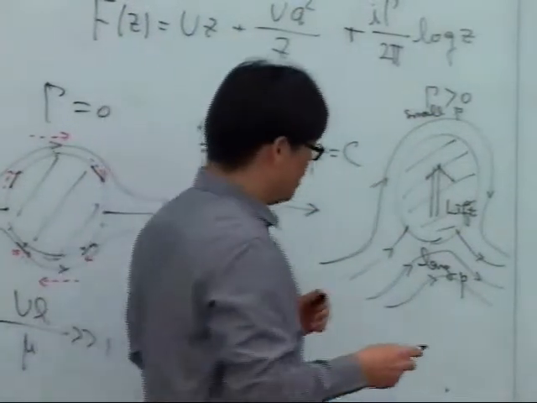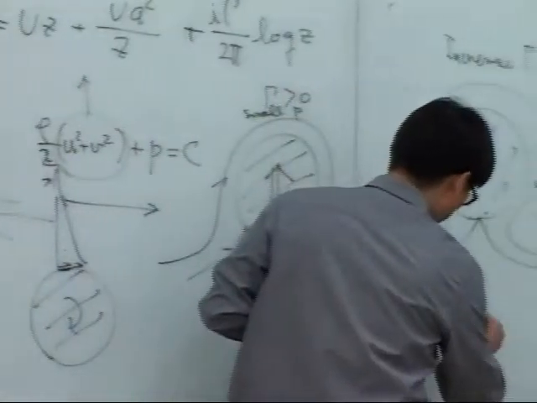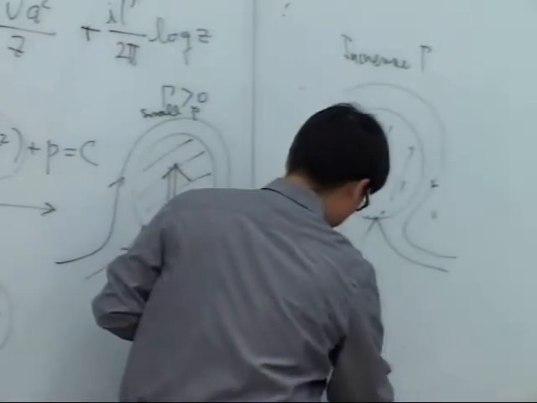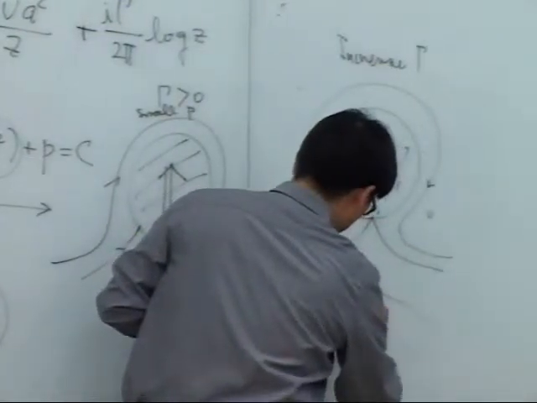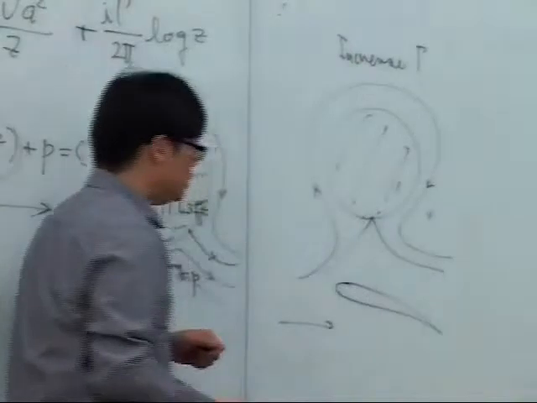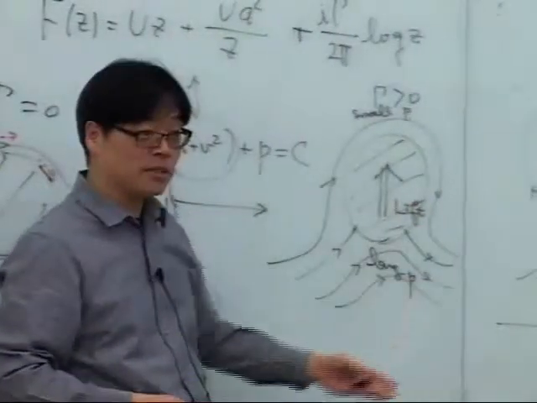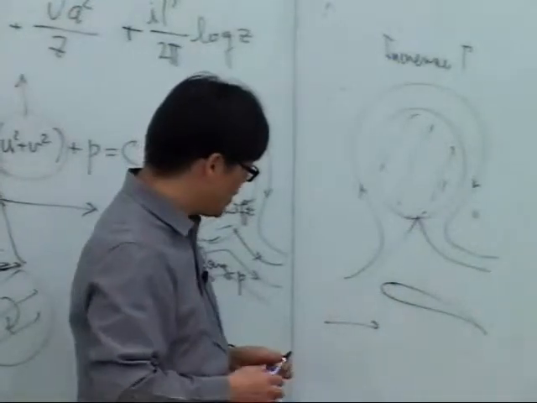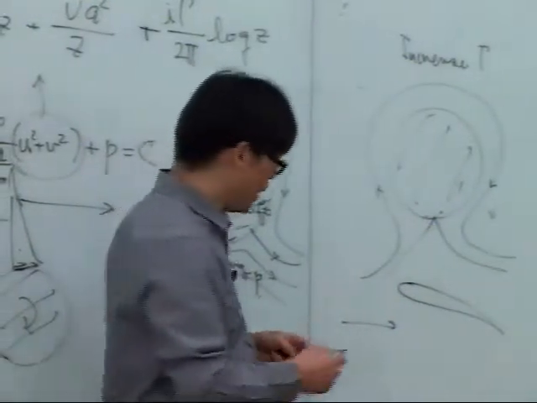And in the airplane, if you look at the cross section, not this way. So flow is going this way. So you have a cross section like this, right? And then around this body, you always generate the vortex.